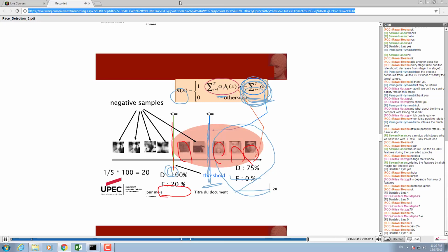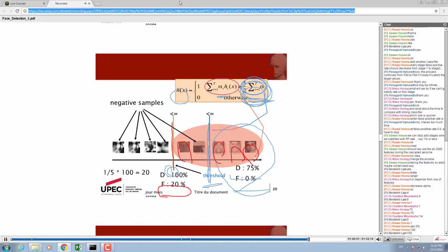It is now 20%. Oh, it's a very good case. When I satisfy the detection rate, the false positive rate is also satisfied, less than 25%. Then we can stop the classifier here.